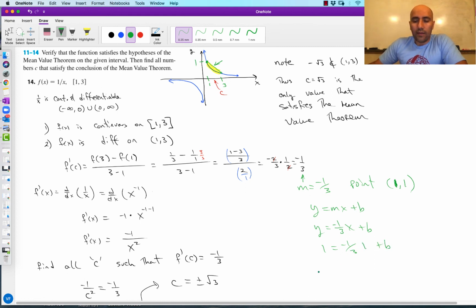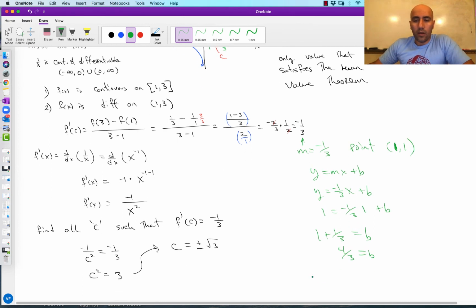If I add 1/3 to both sides, I get 1 plus 1/3 equals b, or 4/3 equals b. So the equation is y equals negative 1/3 x plus 4/3. Okay, so that's the equation of the line segment that connects the two endpoints of the region we're interested in.